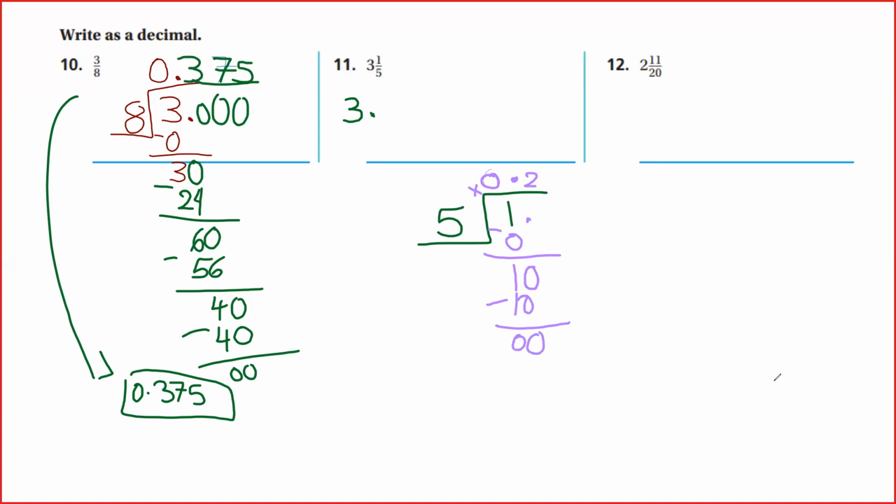So here, thank you. So 3 and 1/5. How will it be in decimals? Okay, now we finished. Now here you said 3 and 1 over 5. It's 3 and 0.2.